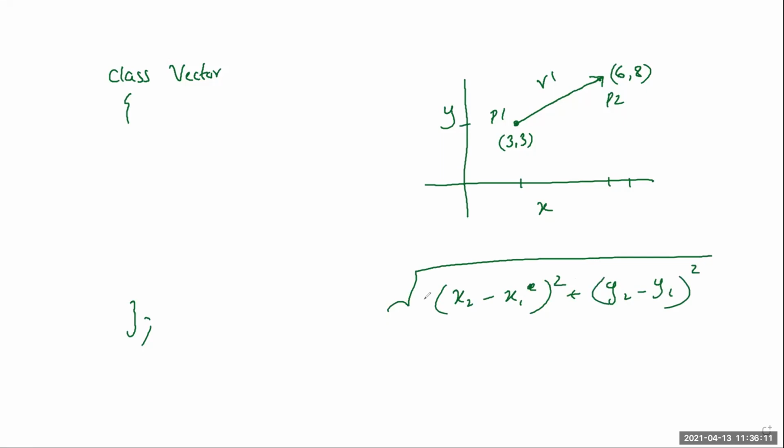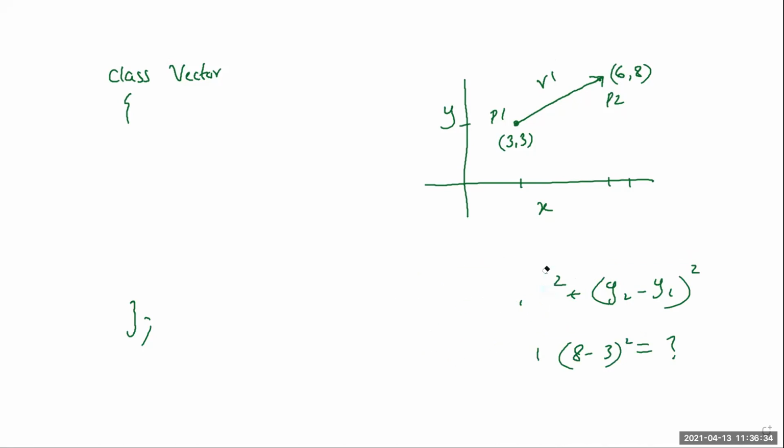This is the same distance formula, right? So if I apply it on this, the magnitude of this vector would be 6 minus 3 whole square plus 8 minus 3 whole square under root, and you can compute whatever it is.